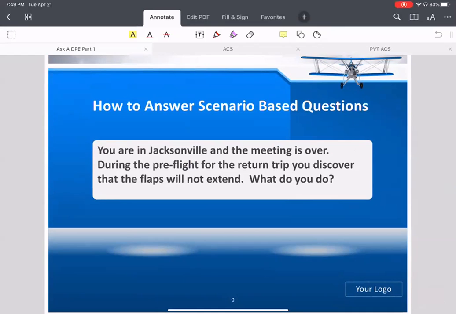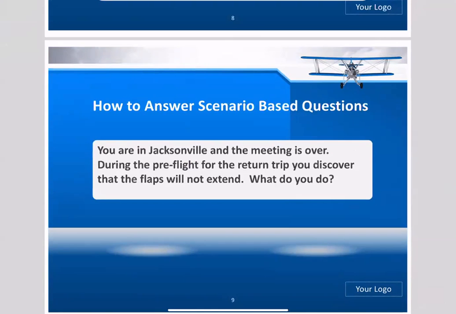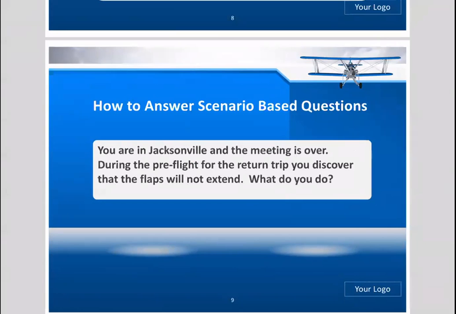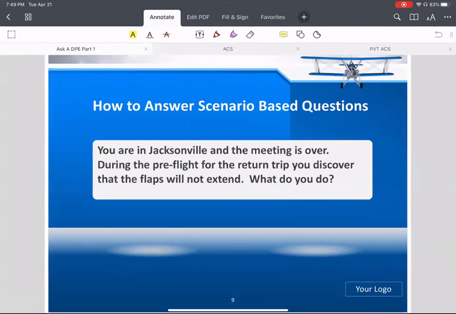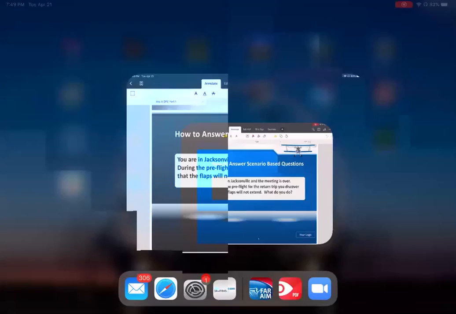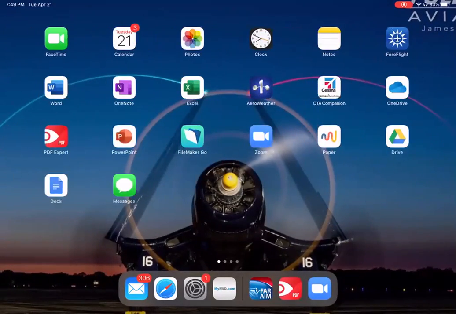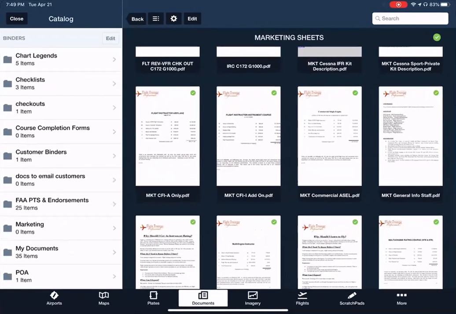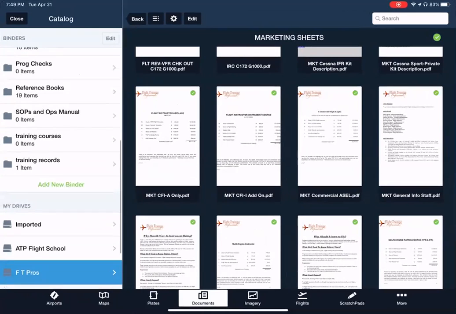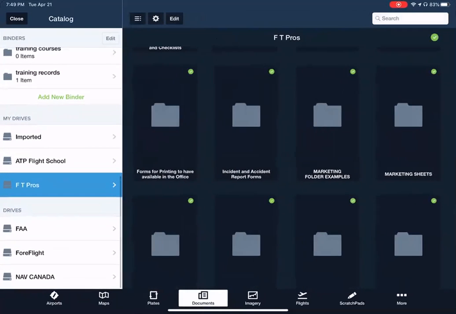All right. 91.205. Well, 91.205 doesn't have anything about flaps in it, but I'm going to take you to the POH, the KOEL. Yep, we're going to the KOEL.